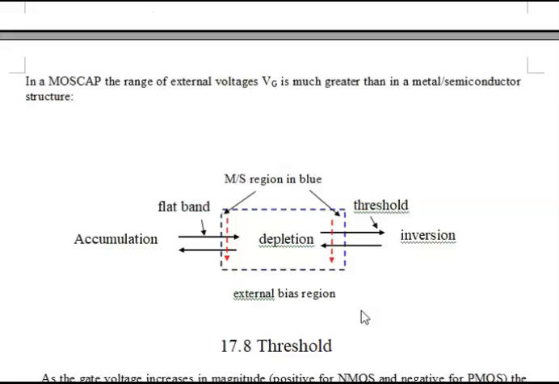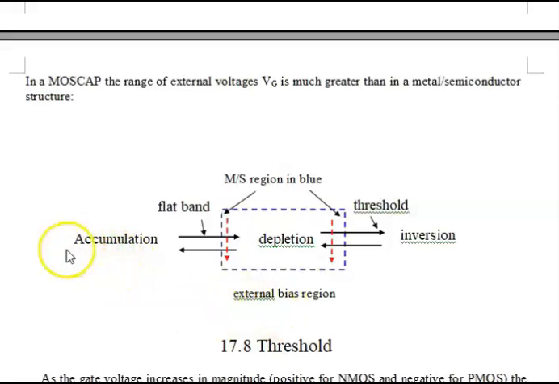Okay. Anyway, by way of review, the MOS capacitor is composed of an oxide layer capacitance and generally a depletion layer capacitance in the silicon, and in the MOS cap, we have a number of regions.